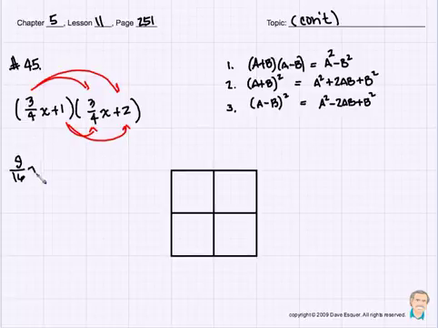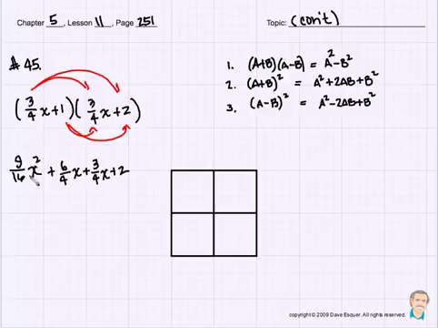So 3/4 x times 3/4 x is 9/16 x squared. 3/4 x times 2 is 6/4 x. 1 times 3/4 x is 3/4 x. And 1 times 2 is 2.